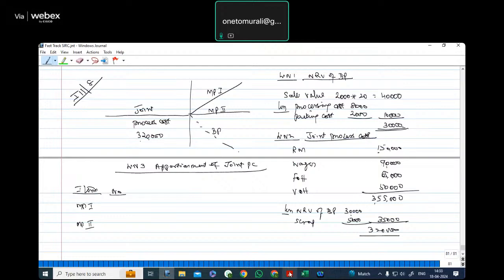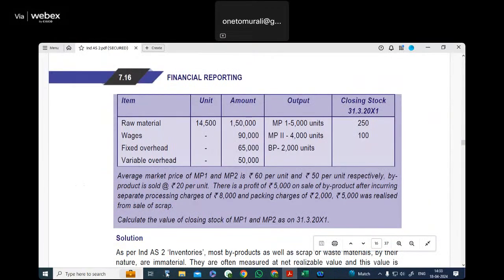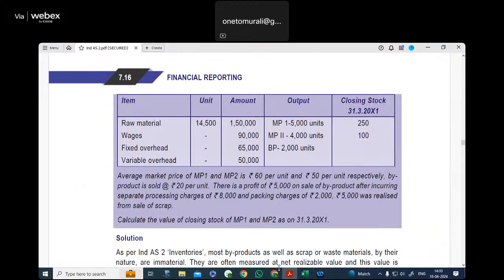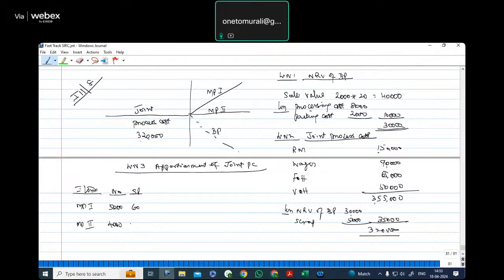Numbers are 5,000 and 4,000. Selling prices are 60 and 50. Sale value 5 lakhs.